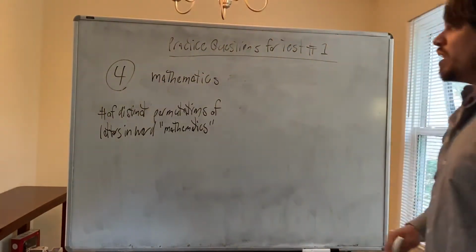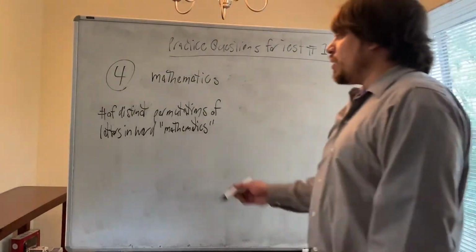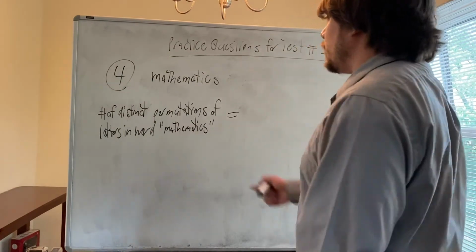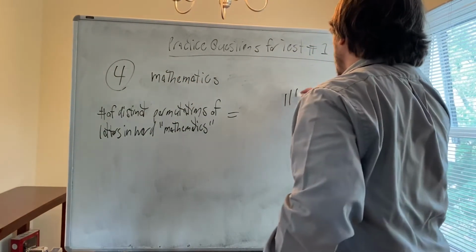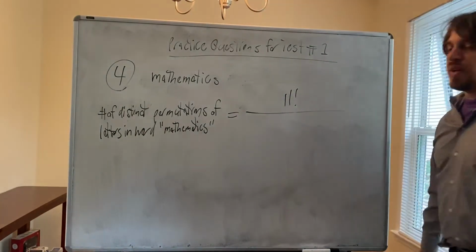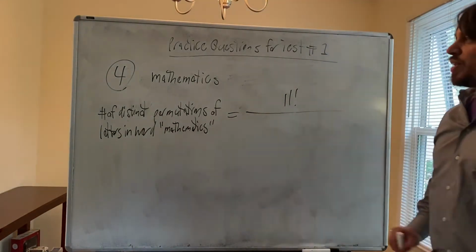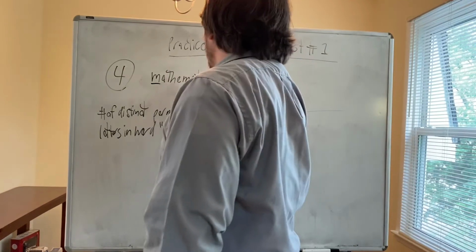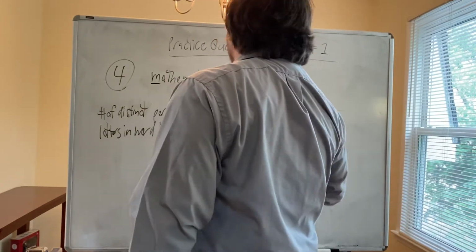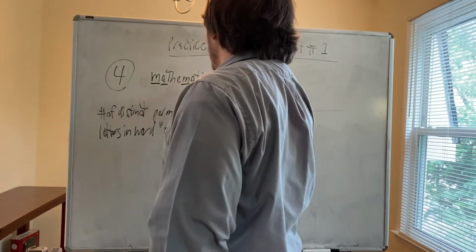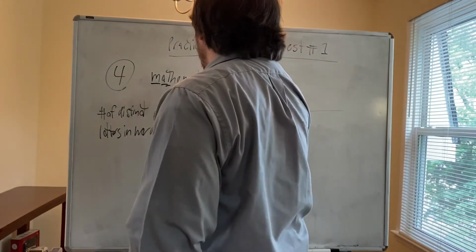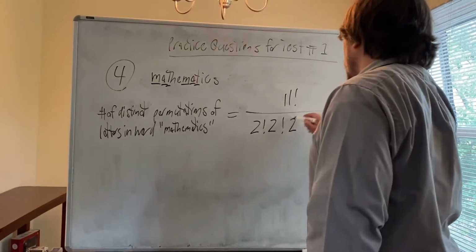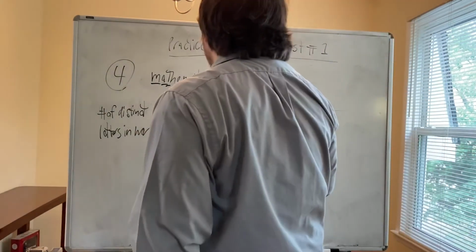Okay, so the number of distinct permutations of letters in the word mathematics is equal to, well, there's 11 letters, 2, 4, 6, 8, 10, 11. There's 11 letters, so 11 factorial. There's 11 factorial ways to arrange 11 things, but then some of them are the same, right? There's 2 m's, so you divide by 2 factorial for the 2 m's. There's 2 a's, so you divide by 2 factorial again for the a's. There are 2 t's, so you divide by 2 factorial for the t's.